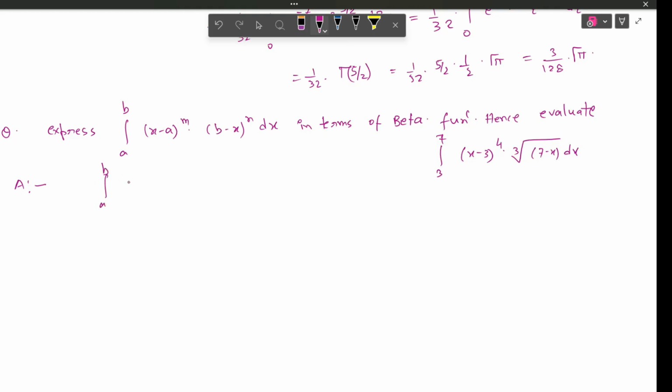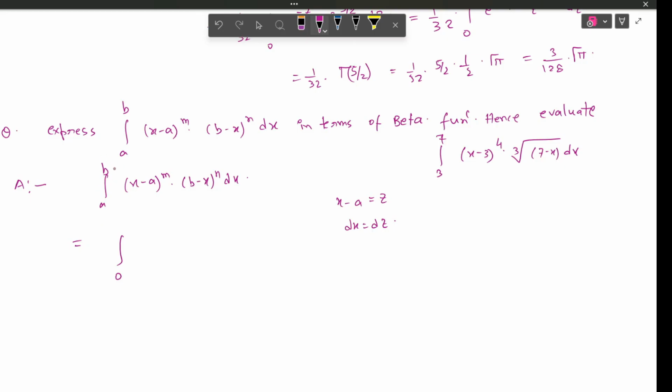Integration a to b (x minus a) whole to the power m (b minus x) whole to the power n dx, right? Now let us put x minus a as z, so dx will be dz. When x tends to a, x minus a would be 0, so z should be 0 and the lower limit is 0.